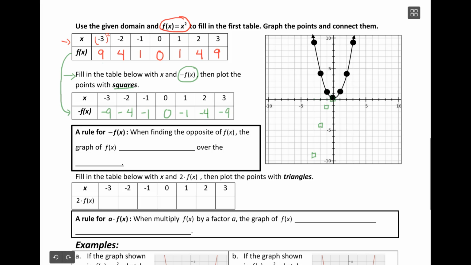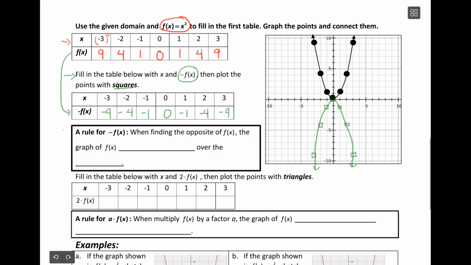At 0, I'm still at 0, so I'm just going to put a square on top of that point. Let's see, 1, I go to -1, and 2, we go to -4, and 3, we go to -9. And then I'm going to try to draw on this curve. Oh, that side wasn't bad. All right, there we go. So it's going to look a lot like that.